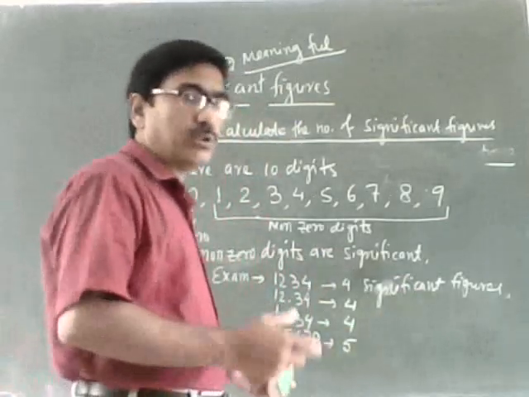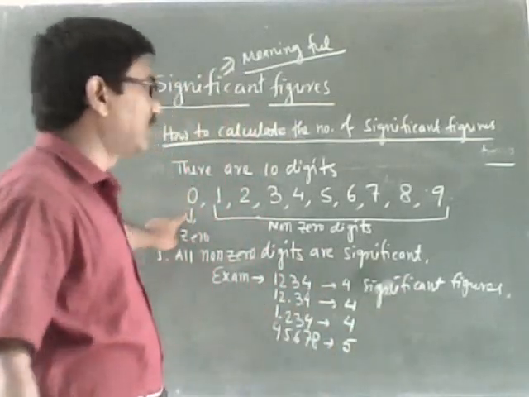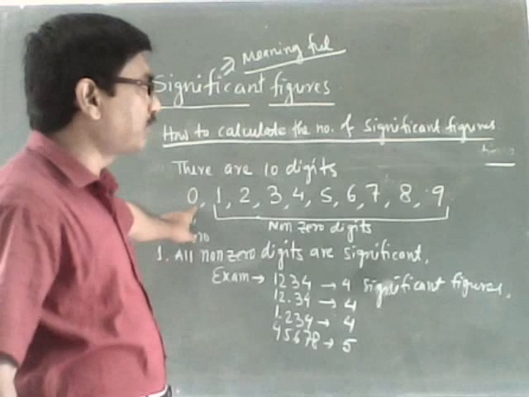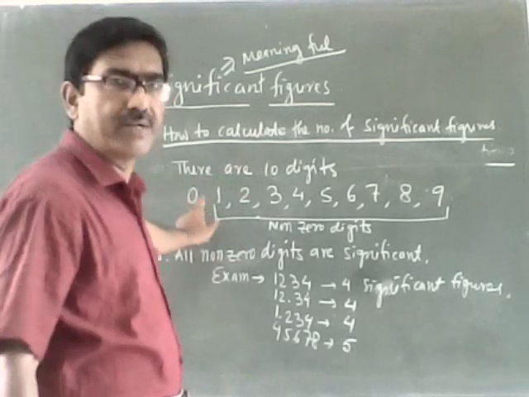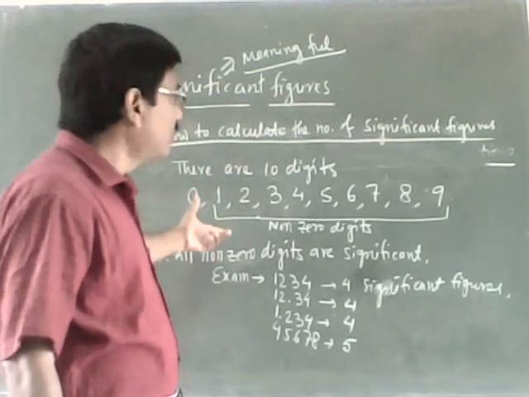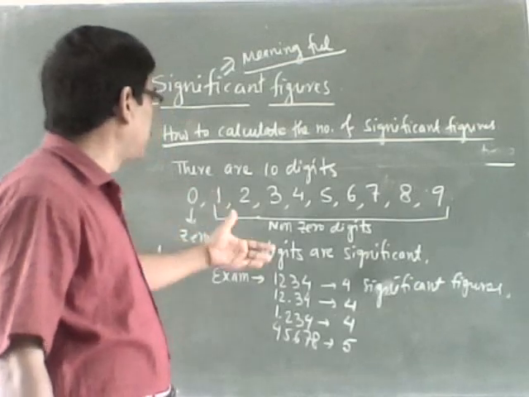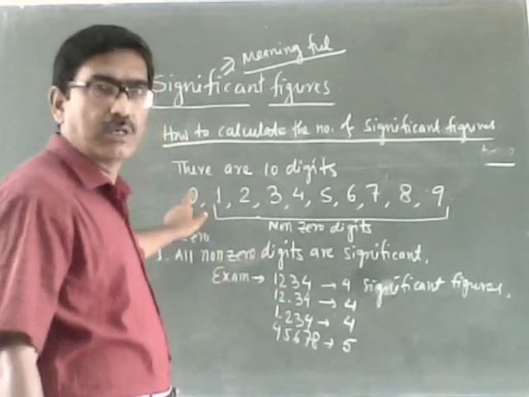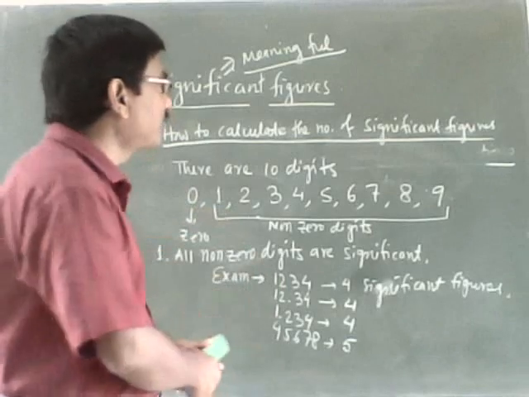And next, due to the position of the zero, the number of significant figures changes. So how is the number of significant figures affected by the position of zero? Now I will tell you.